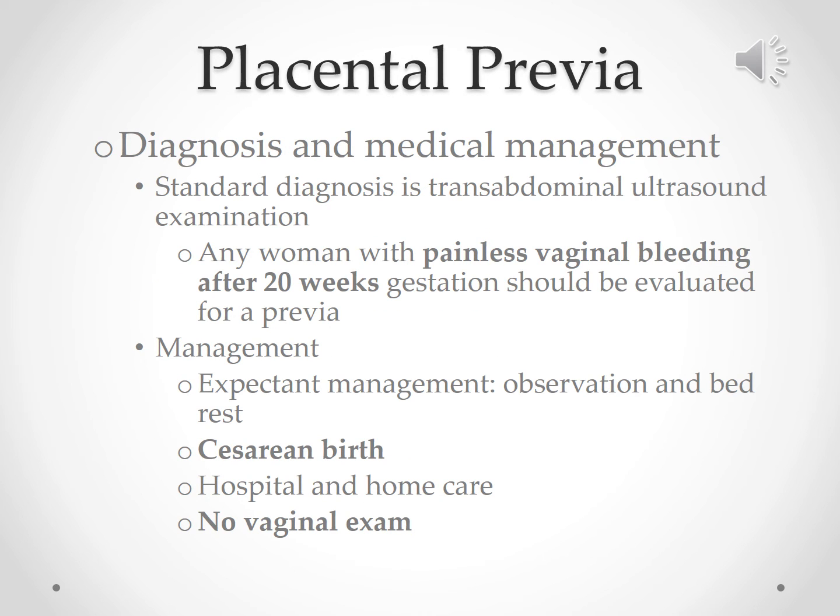Placenta previa is identified, diagnosed, discovered, however you want to say it, on ultrasound, and it'll be a transabdominal ultrasound, and it's usually seen when they do the mid-pregnancy anatomy scan.